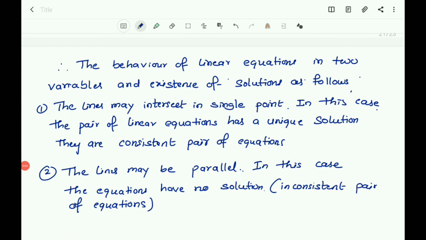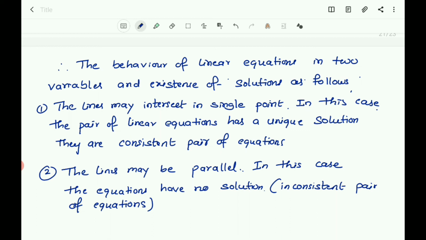Therefore, the behavior of linear equations in two variables and the existence of solutions is as follows. First, the lines may intersect at a single point. In this case, the pair of linear equations has a unique solution and they are a consistent pair of equations.